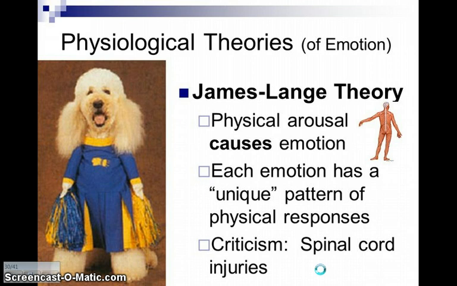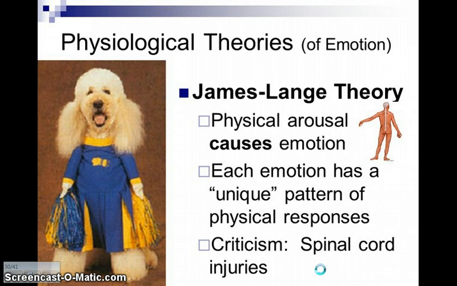Now, the one criticism about this theory, if you think about it that way, the physiological causes the emotion. Think about people who have had their spinal cord severed at the neck, and so essentially they're paralyzed from the neck down.